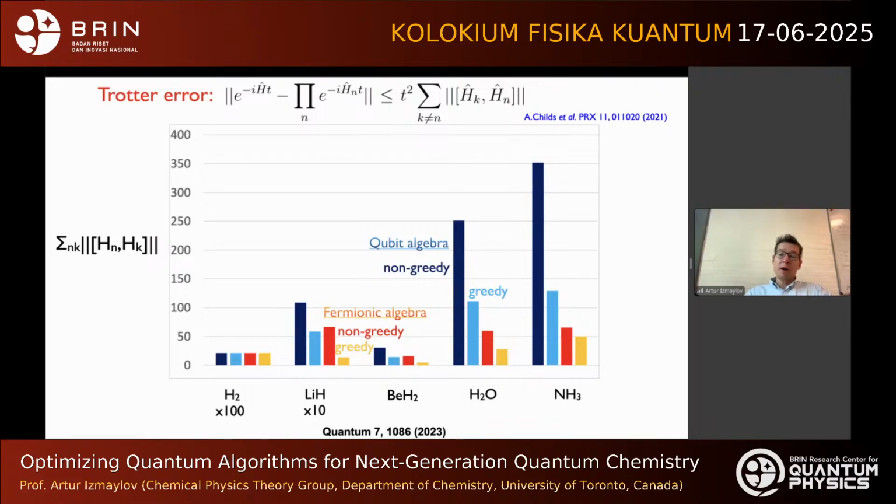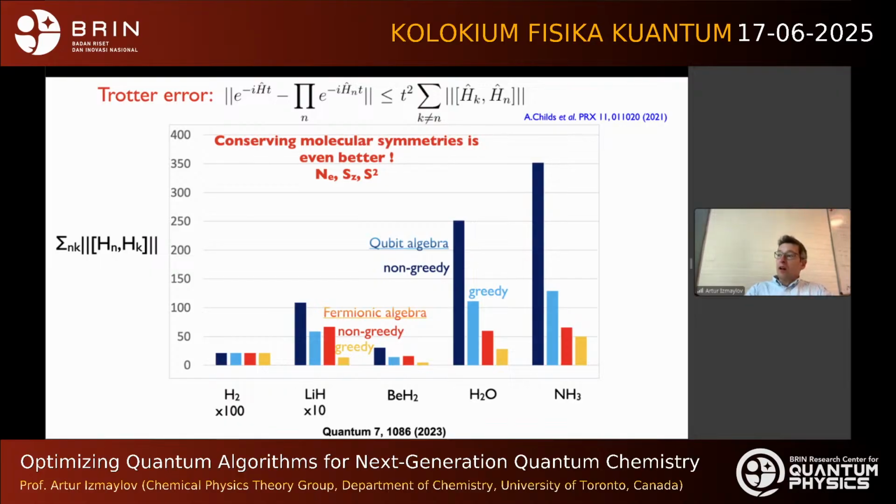But what is even better than greed in this case is, as you could see, fermionic algebras, they're usually better than qubit algebras in all cases. That's the conserving of molecular symmetries, which is what is happening when we do fermionic fragments, because fermionic fragments commute with the kind of natural symmetries like the number of electrons, spin, and so on, right? And why is it important?